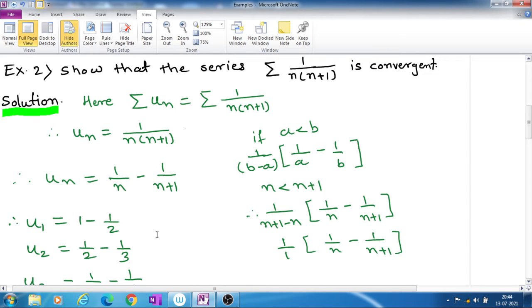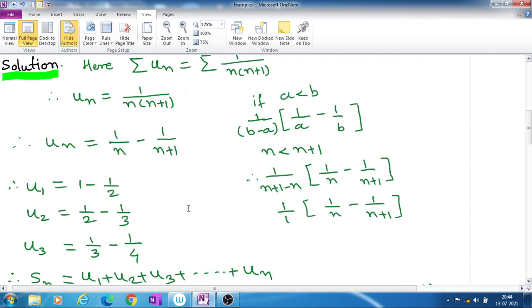Now to find, first of all, you can see that this Un can be separated by partial fractions, or when there is 1 at the numerator, we can separate these two factors by using this formula.